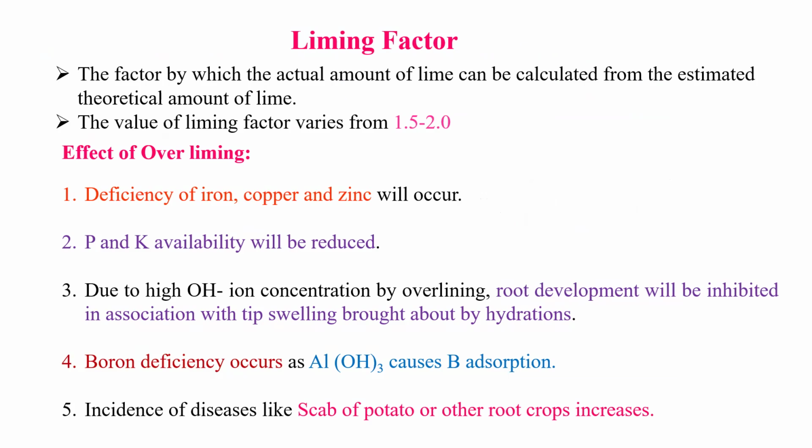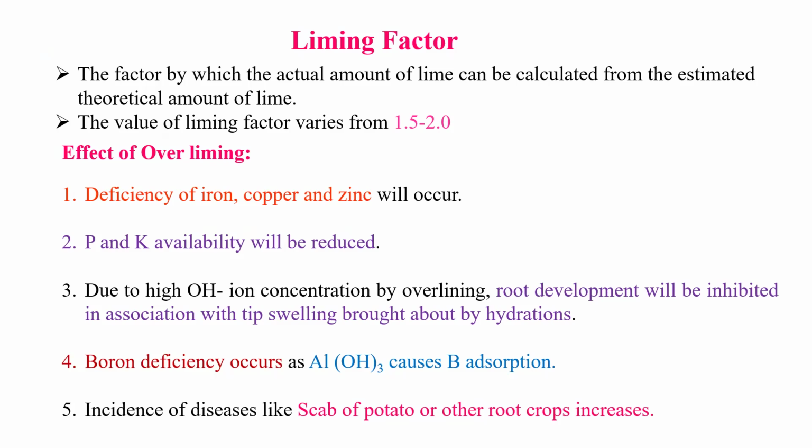There are beneficial effects and also harmful effects of liming. Some of the harmful effects include, when liming is done in excessive amounts, a deficiency of iron, copper, and zinc. Phosphorus and potassium become unavailable or insoluble to the plants due to high OH ion concentration.